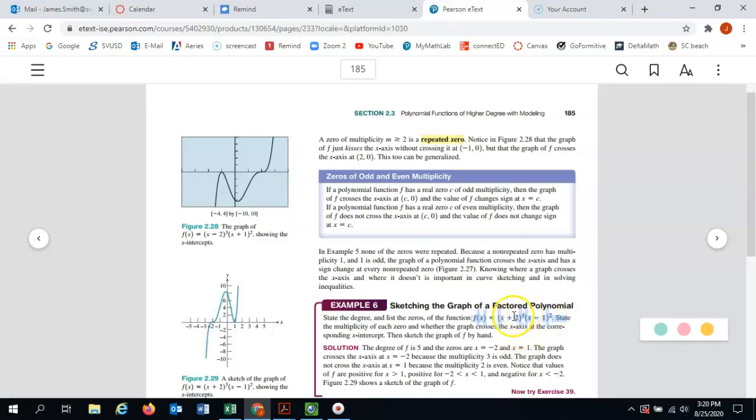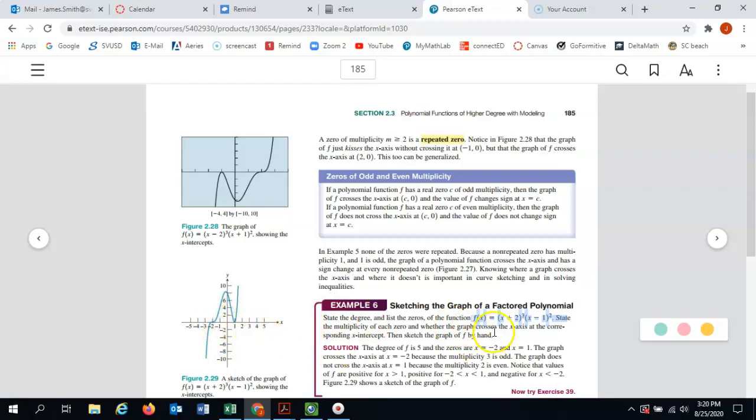Well, on your odd exponents, it will cross over the x-axis, and on your even exponents, it will bounce off of the x-axis. So if we set this equal to 0, I know that my zeros, or my x-intercepts, are at -2 and +1.